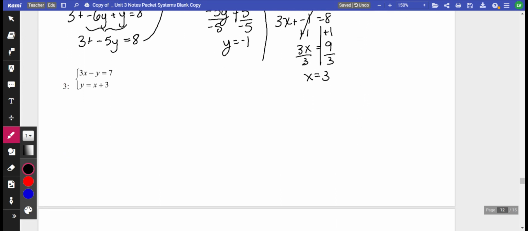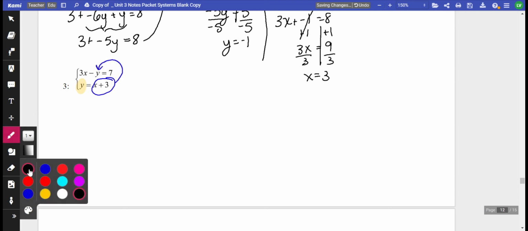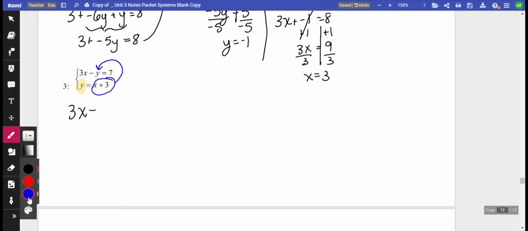Number 3. Our equations are 3x minus y equals 7 and y equals x plus 3. Well, the second equation is already isolated for our y. So I'm going to take my x plus 3 and I'm going to plug it into my y for the first equation. So 3x minus the quantity x plus 3 equals 7.